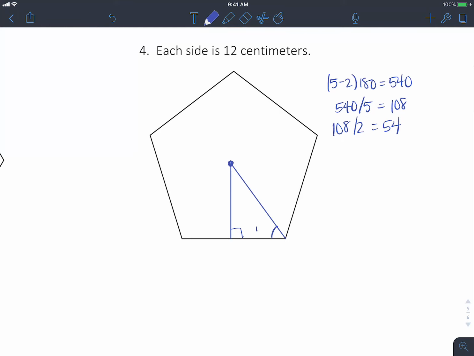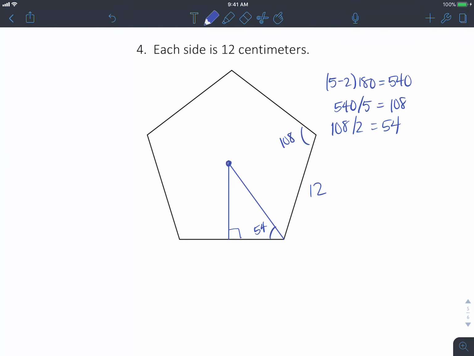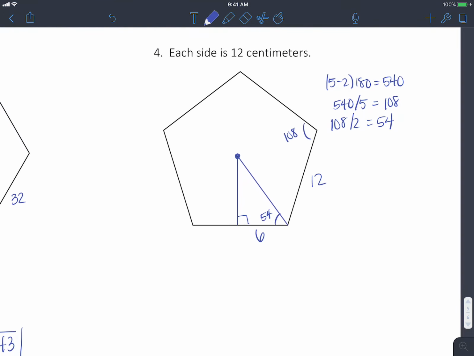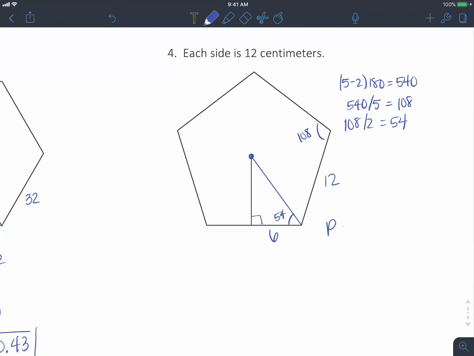So our interior angle is 54. This angle is 108. Total length is 12. So down here we have 6. So our perimeter is going to be 12 times 5, which is 60.